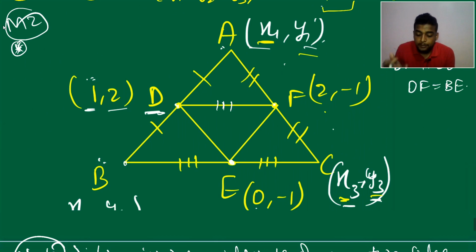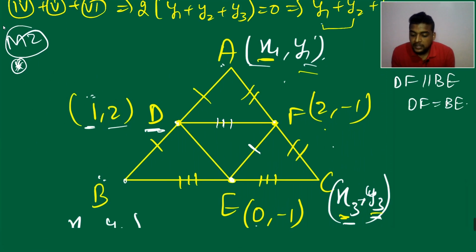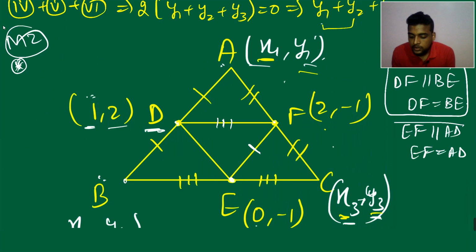Now similarly, EF is parallel to AB and EF is equal to AD or BD. So again we can say that EF is parallel to AD as well as EF is equal to AD. So this we conclude. Similarly, this will be parallel to AF and equal to AF.